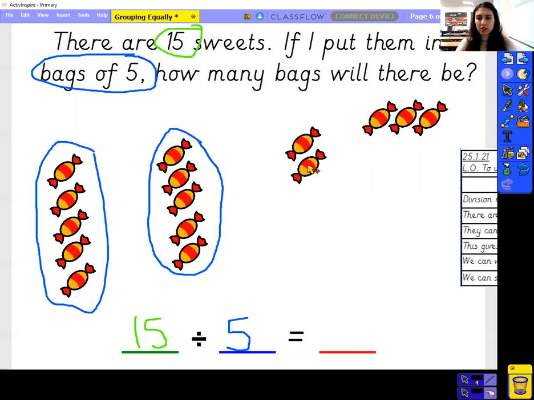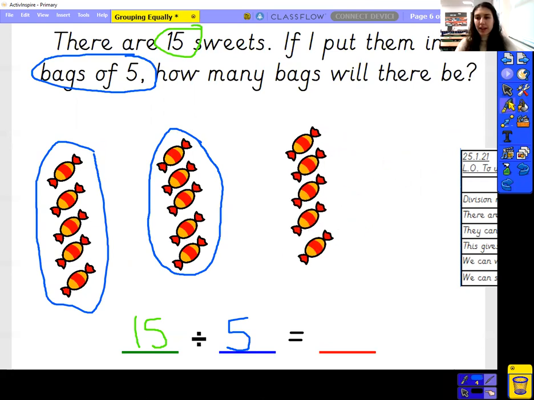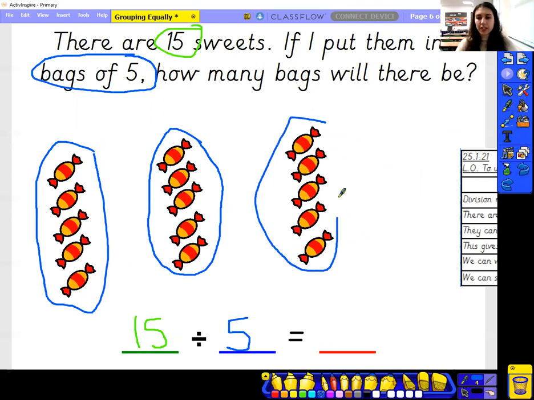And 1, 2, 3, 4, 5. 3 bags of 5 is 15. So if I have 15 sweets and I put them into bags of 5, how many bags will I have? Well, I will have 3 bags of 5.